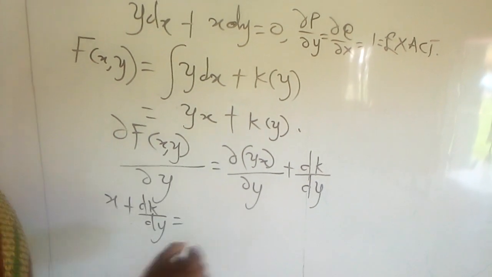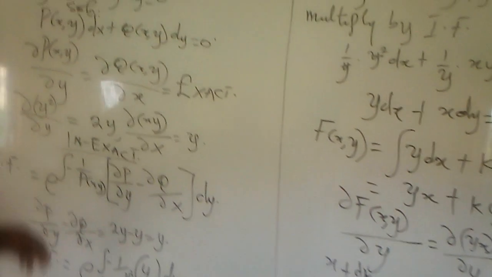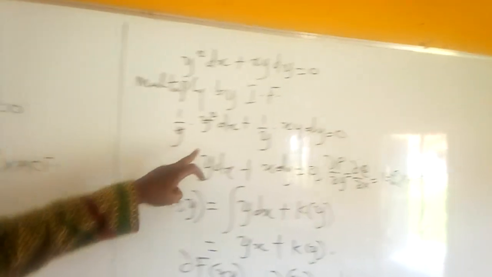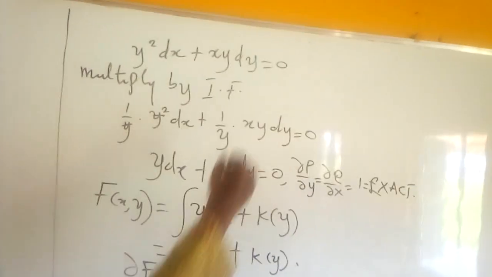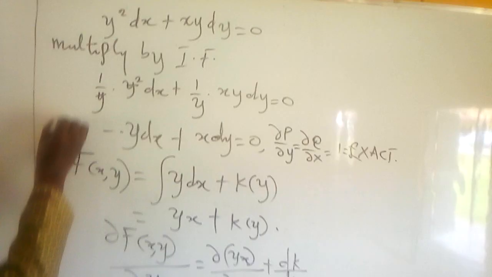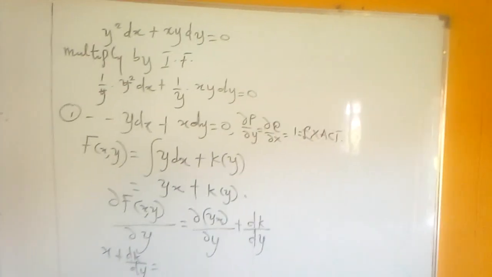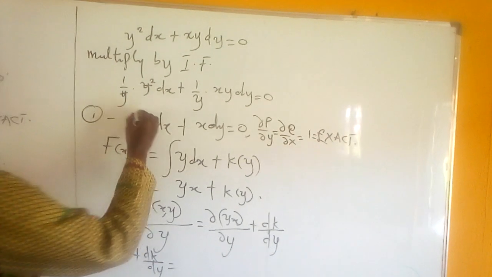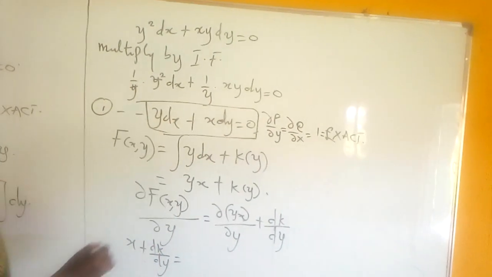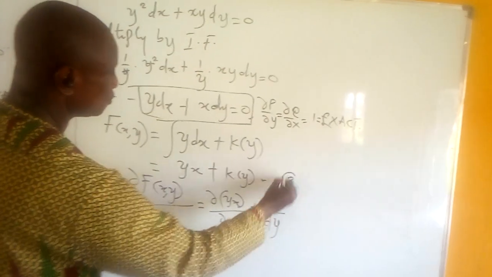So if we have this relationship, when we partialize with respect to y, we'll now be having x plus dk dy, which is equated to the initial equation. And that initial equation is this equation. We can title this equation that we'll get here as equation 1. Now, this particular equation, which is a special equation that we have gotten, and the further integration to give us this gives us equation 2.